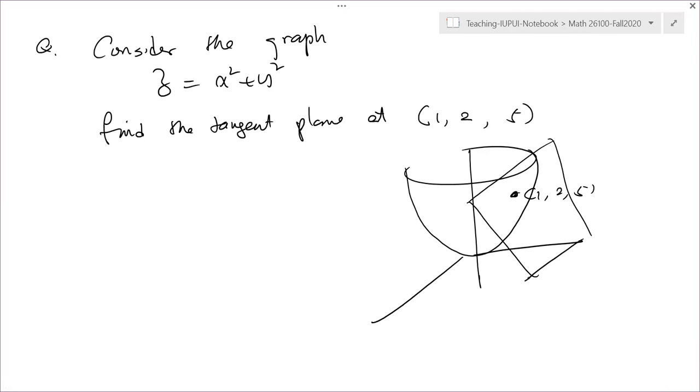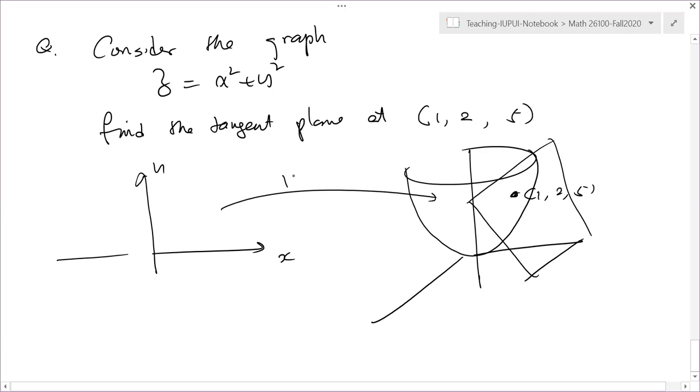There are two different ways to find it. Forget what we learned before, where we have a kind of formula. So I find the parameterization. This is x, this is y.